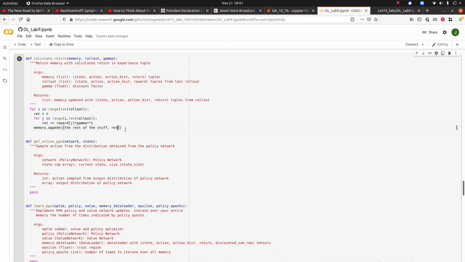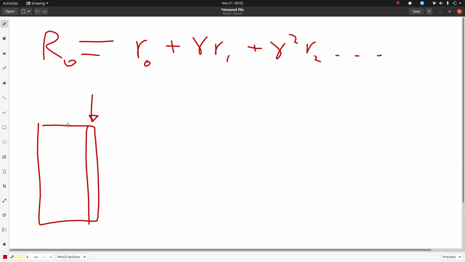So there's your basic pseudocode for how to calculate it this way. But this is a less efficient way and, in my opinion, more prone to errors. So if it makes sense to you, go for it. But if you'd like to see a better way, let's talk about that better way. So here, we can factor out a gamma.